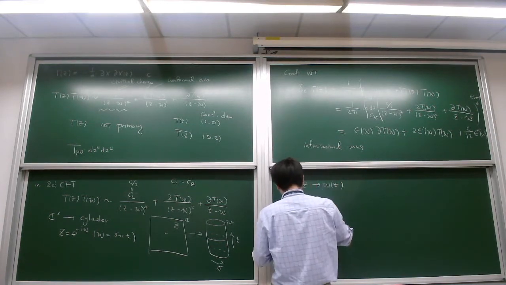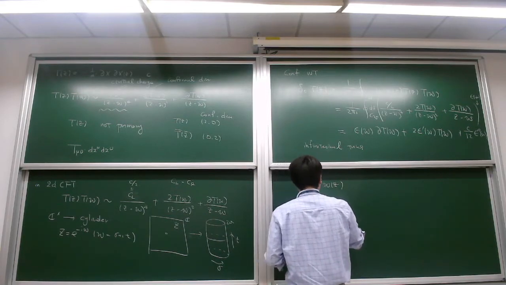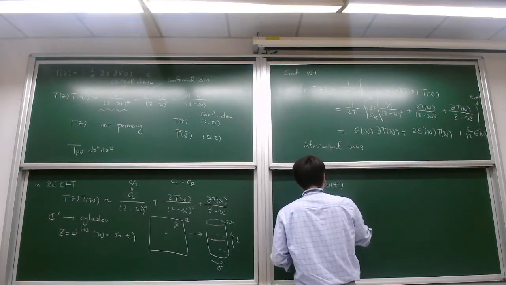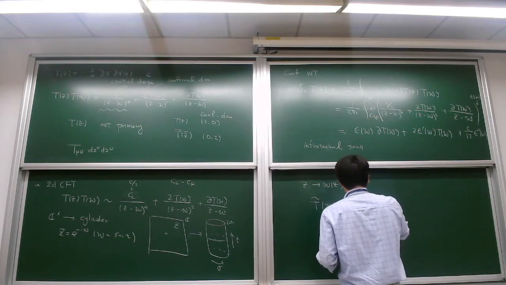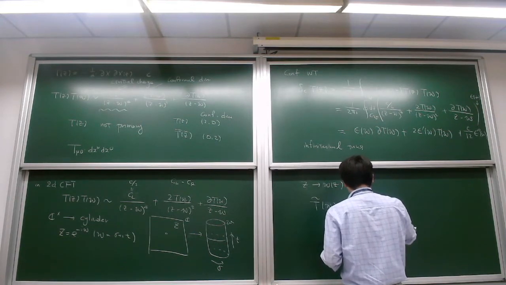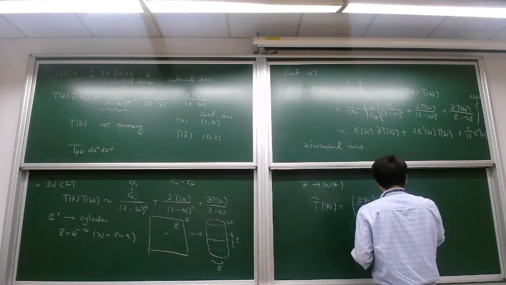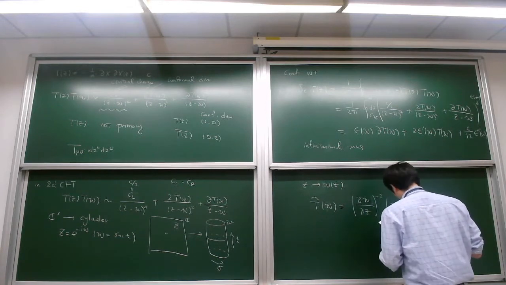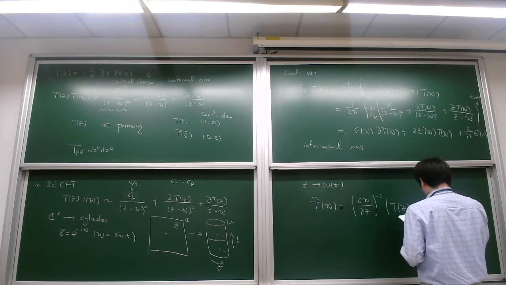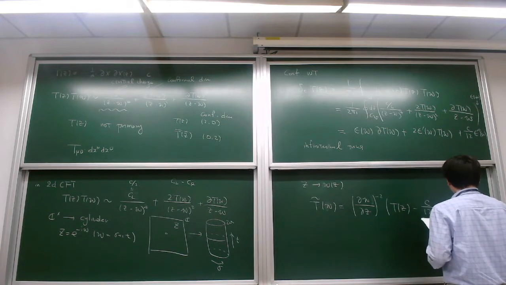So this is the compound transformation. T tilde is the new stress energy tensor. It's just the usual factors that appear for a compound transformation. But since this is not a primary field, there is a cost.